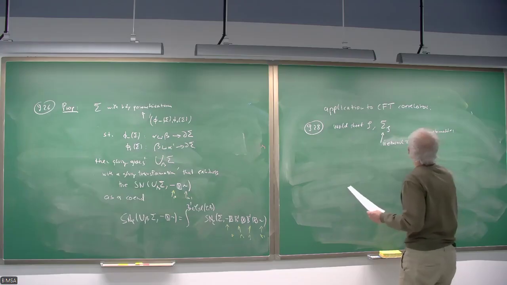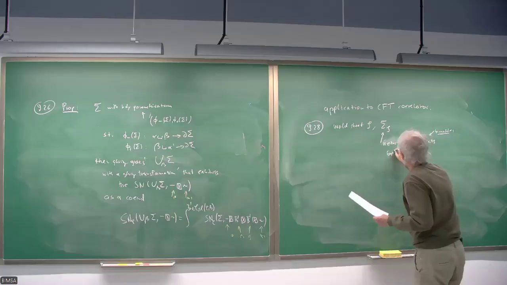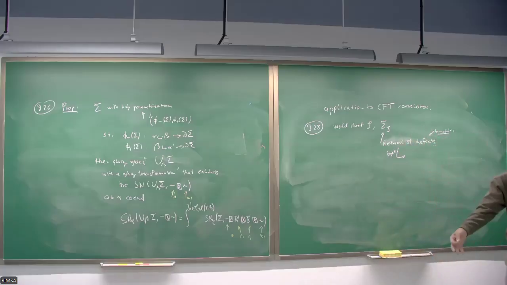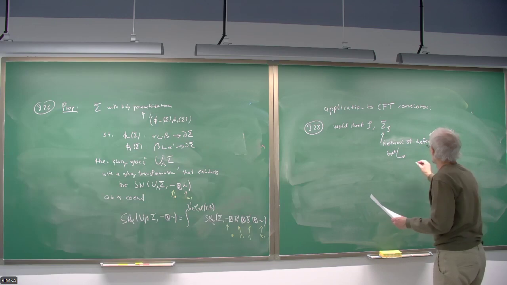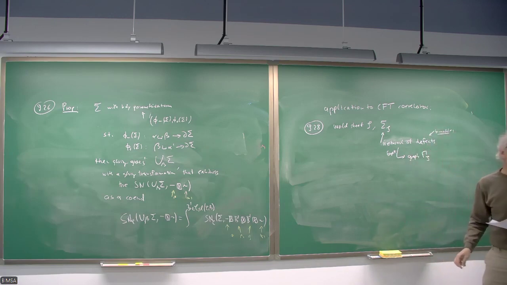If we apply the forget functor from bimodules to underlying objects, then this gives me actually a graph, which I then call Gamma S of the type before.